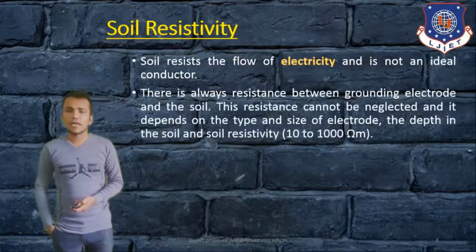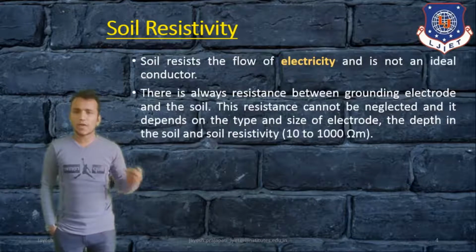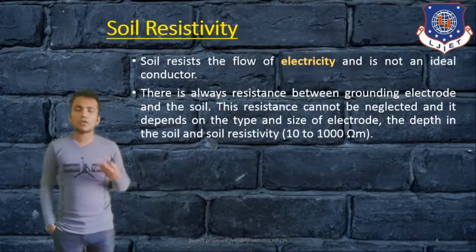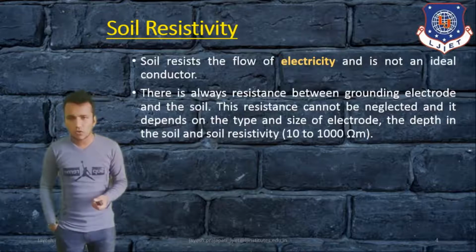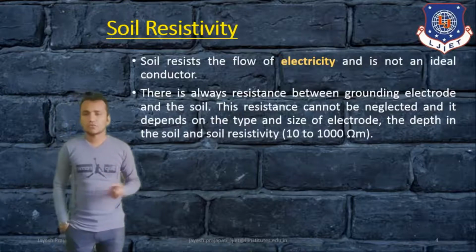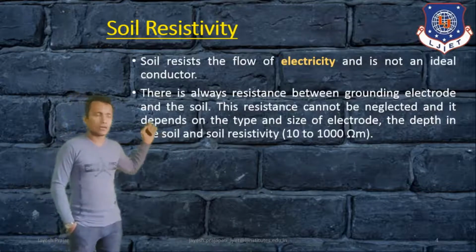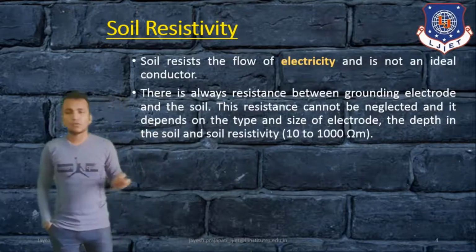So we can say that there is always a resistance between the electrode and the soil. This resistance cannot be neglected, and it depends on the type and size of electrode, the depth in the soil, and the soil resistivity. Soil resistivity ranges from 10 to 1000 ohm-meters.